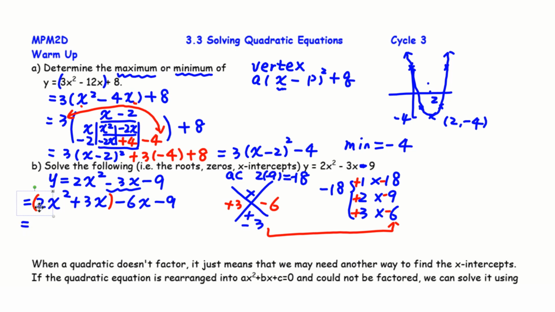Once we group the first two, we see the common factor from the first two is x. Then each term divided by x, you will have 2x plus 3. And the next number we want to have is negative 6 divided by 2, which gives you negative 3. Then each of the last two terms divided by negative 3, you will have 2x plus 3.